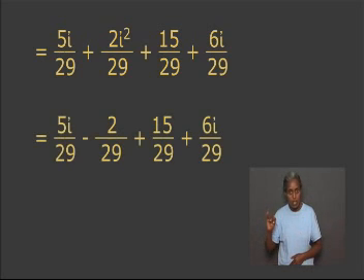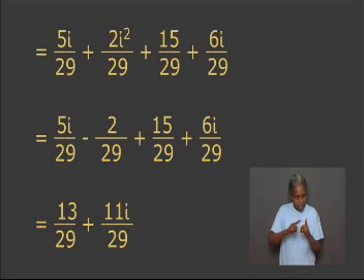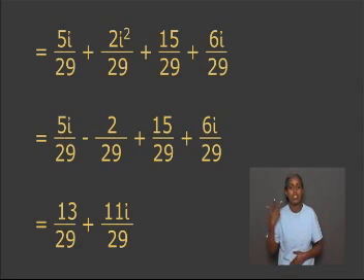Since iota is the square root of -1, iota squared is equal to -1. Therefore, our final result is 13 over 29 plus 11 iota over 29. Did you find the same answer, students?